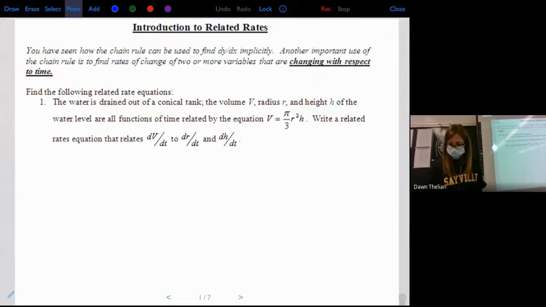It says you've seen how the chain rule can be used to find dy dx implicitly. So that means that when you're taking the derivative of a y with respect to x, you have to multiply in that extra dy dx. That's that chain rule at work, assuming that y is a function of x. Then we're going to use that same concept to take the derivative of two or more variables that are changing with respect to time.